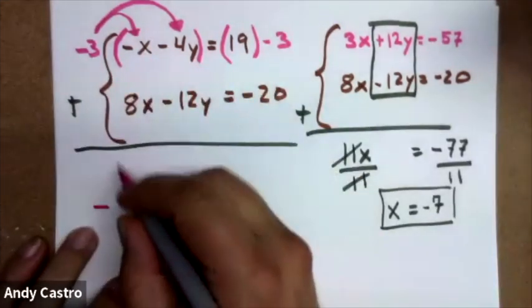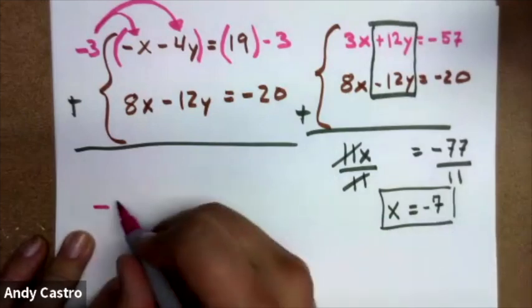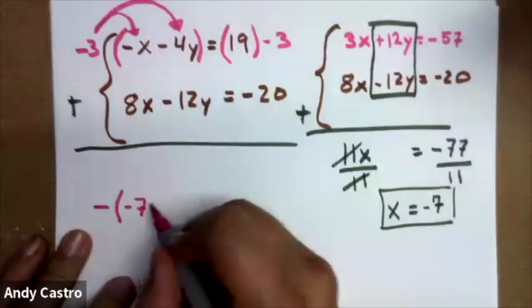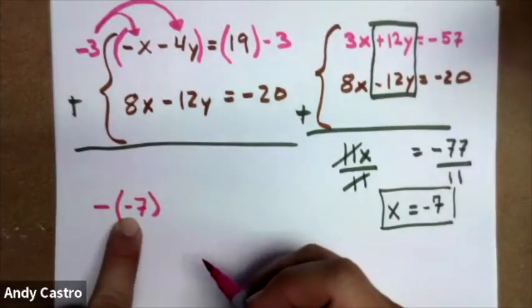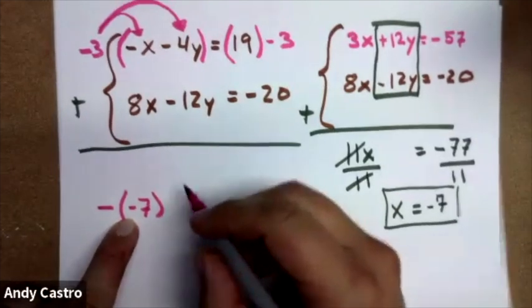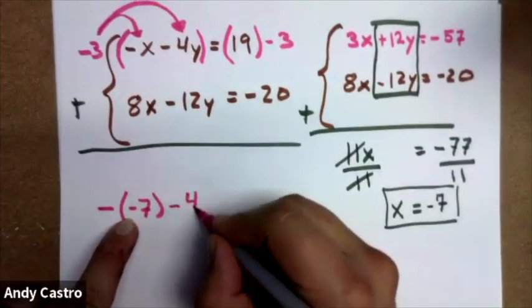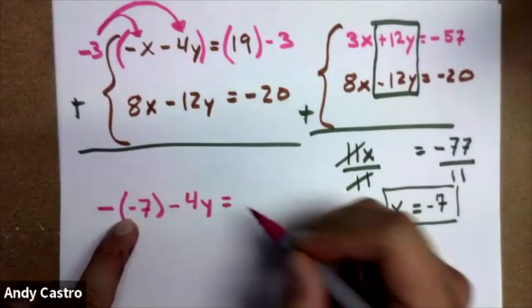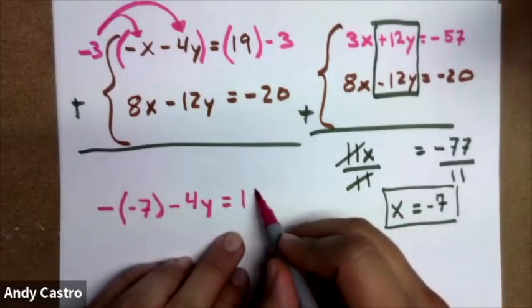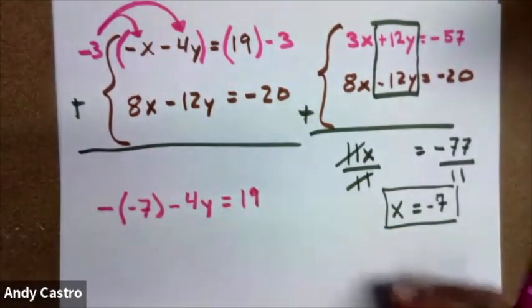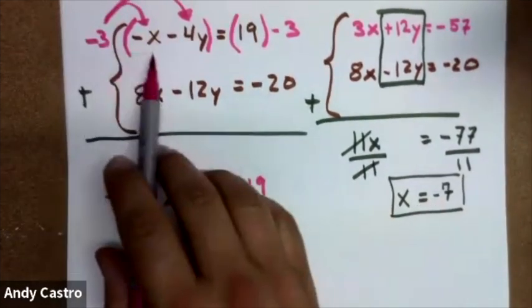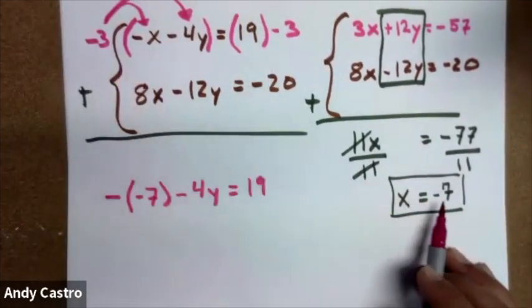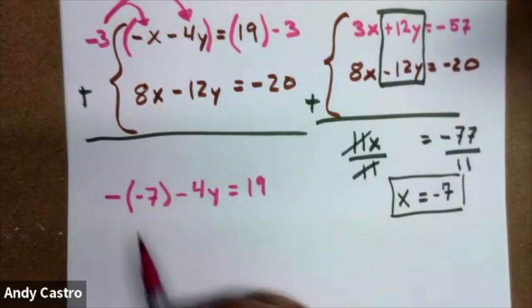So we have negative x is negative 7. So we have negative 7. That's going to end up being just positive 7. Minus 4 times y is equal to 19. All right, so all I've done is taken that original first equation and plugged in the negative 7.